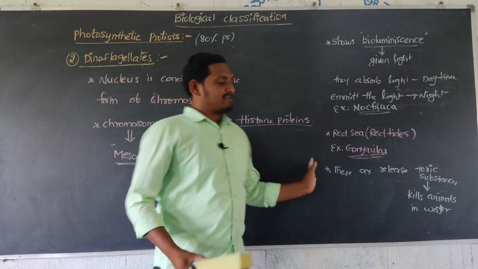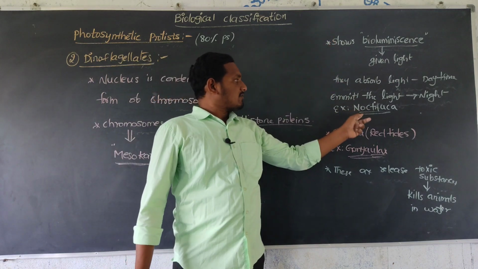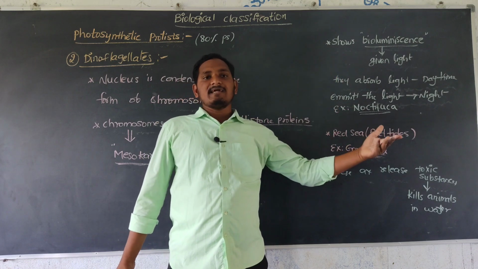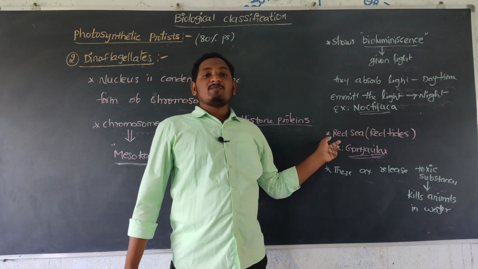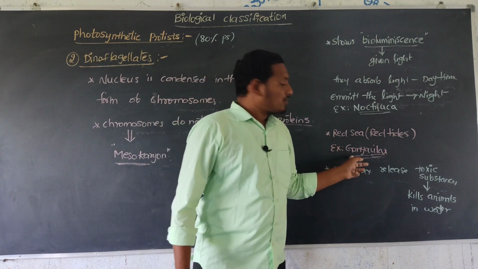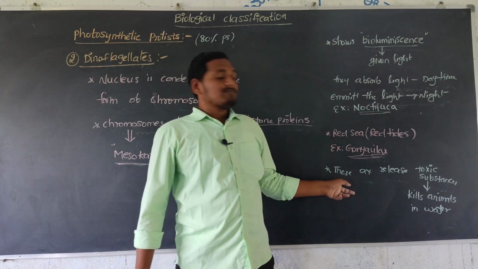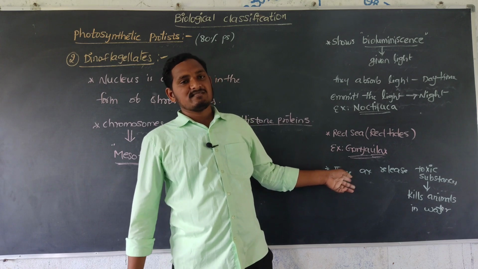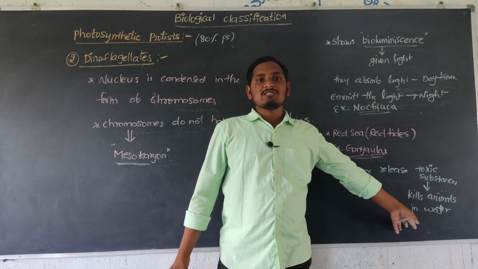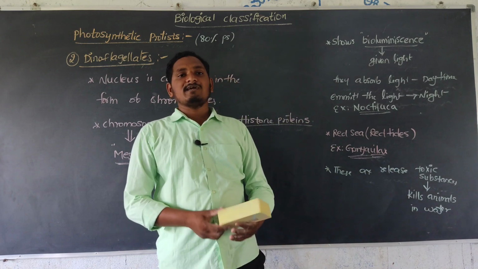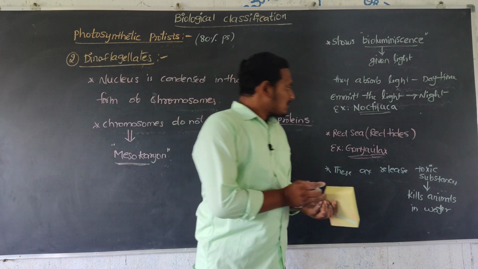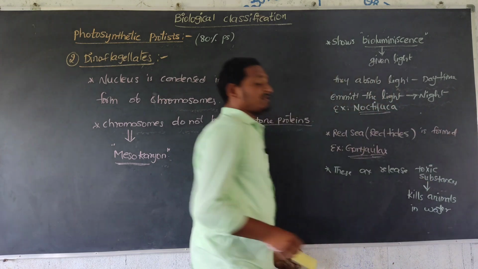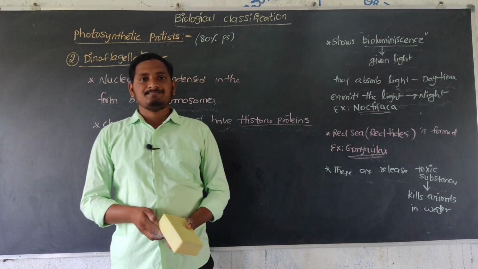So these three things are very important. Bioluminescence, example Noctiluca, means they absorb light during the daytime and release light at night. The formation of red sea, example Gonyaulax. And some dinoflagellates release toxic substances that kill fishes present in the water.